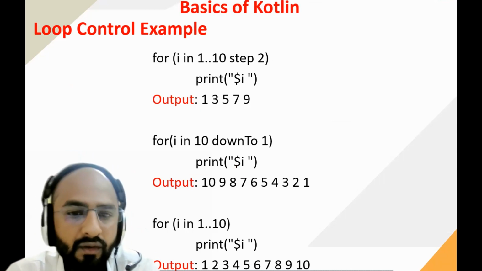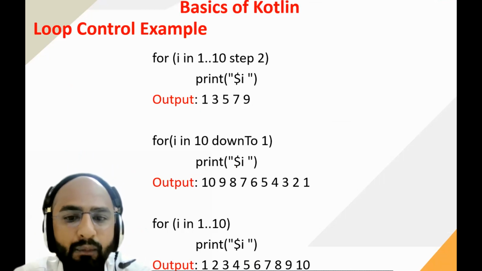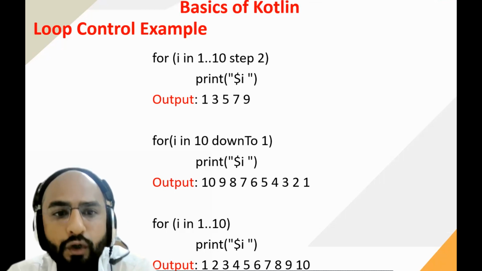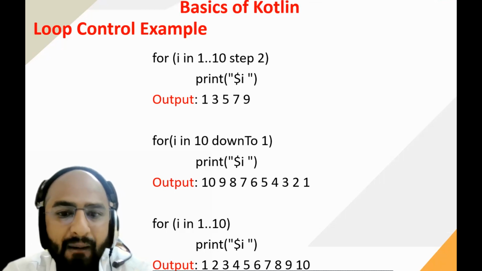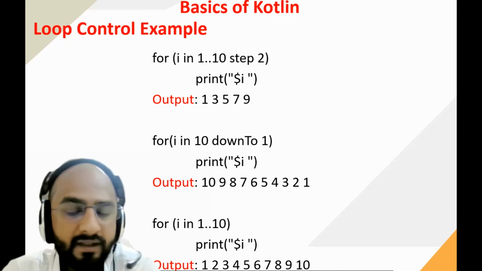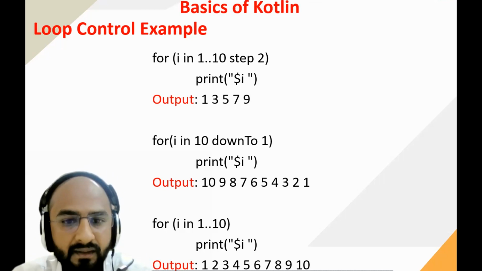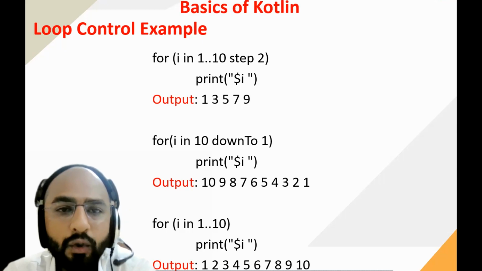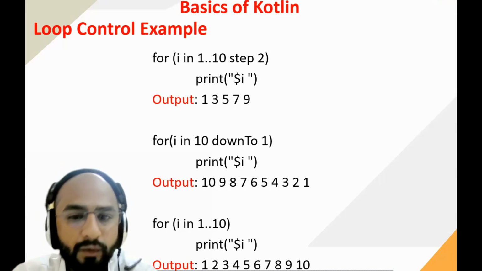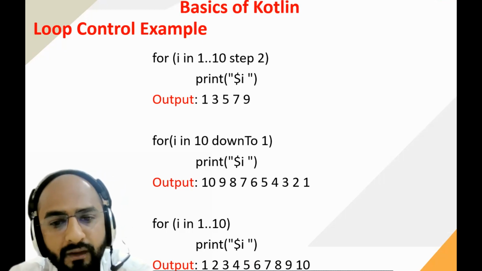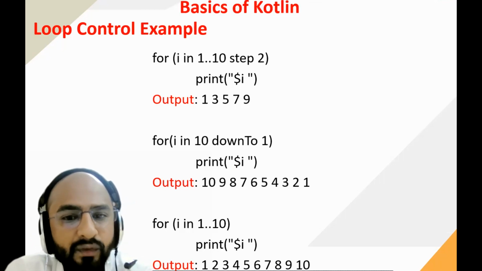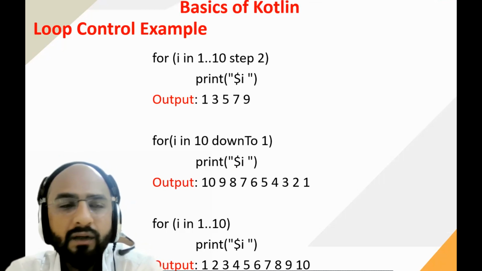Say for example, next for i in 10 downTo 1. So now if you want to reverse your loop, at that time the downTo keyword will be used. It is very interesting also. If you want to run your loop in reverse order, at that time you need to use downTo.